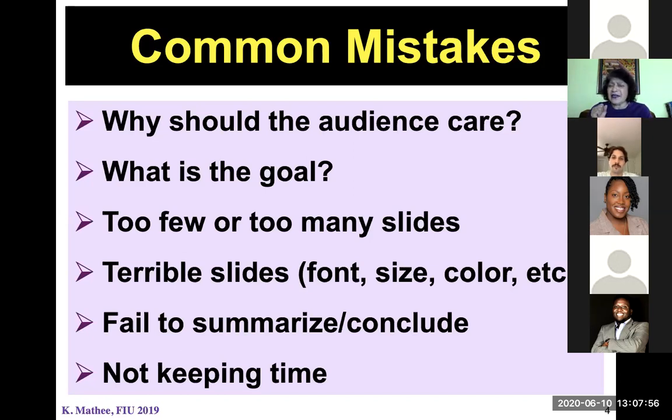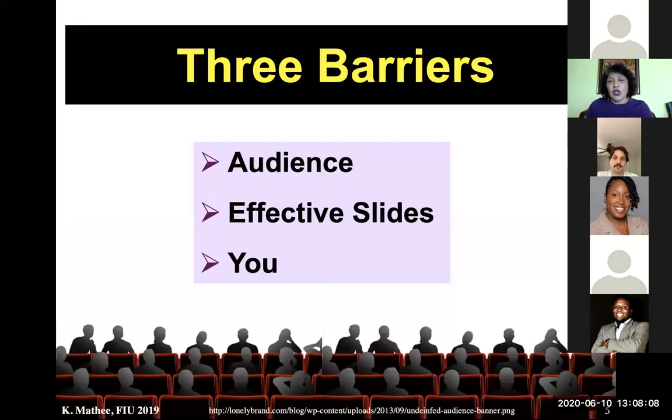And of course, there are terrible slides, which we're going to talk about. And in the end, you fail to summarize, or you don't keep your time. So these are some common mistakes that people make. This presentation is really divided into 3 sections. One is the audience: how do you understand the audience? And then the second part, a major portion, we focus on what makes good, effective slides.